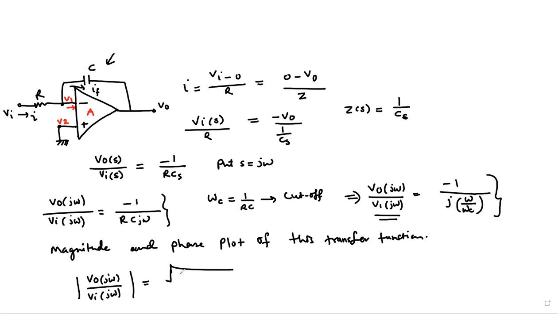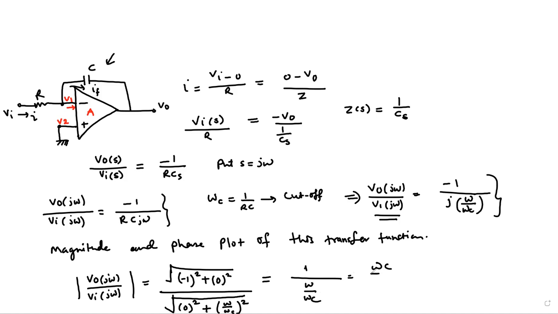So we can write -1 squared plus imaginary part 0 squared, right? And in the denominator we have real part 0 plus imaginary part squared. So it is simply 1 over omega by omega c, which in final form is like this.